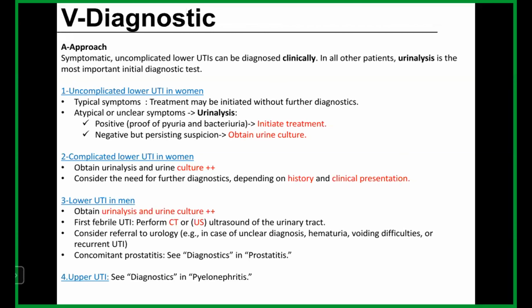For lower UTI in men, we directly have to obtain urine analysis and urine culture. I hope it's clear. For uncomplicated, we do only the urine analysis. But if it's not clear, we can also do the culture. For women with complicated signs, we have to do culture. It is obligatory.